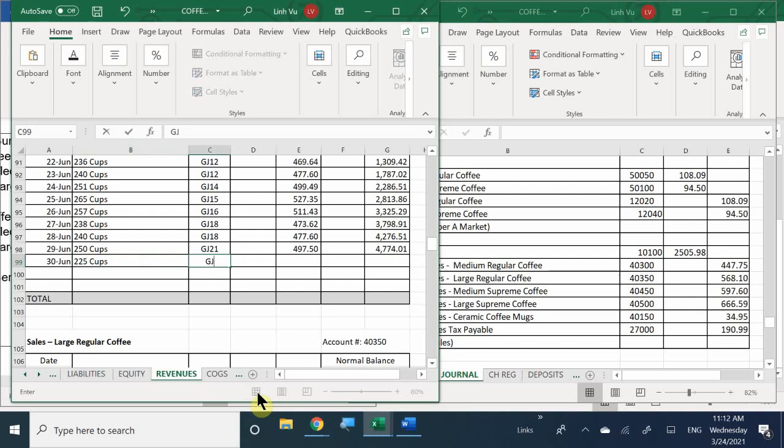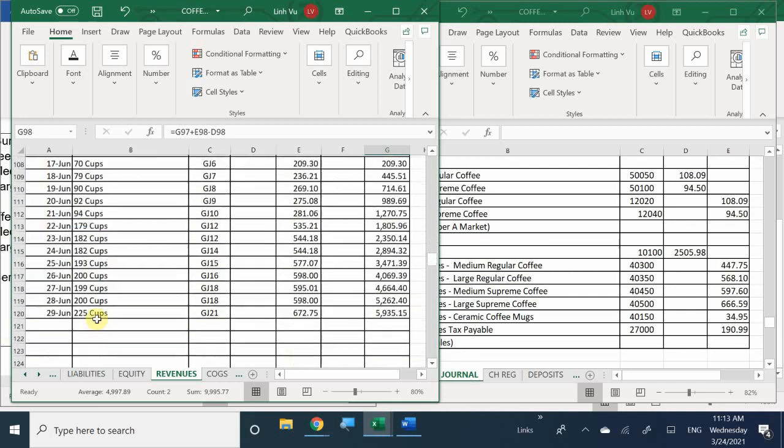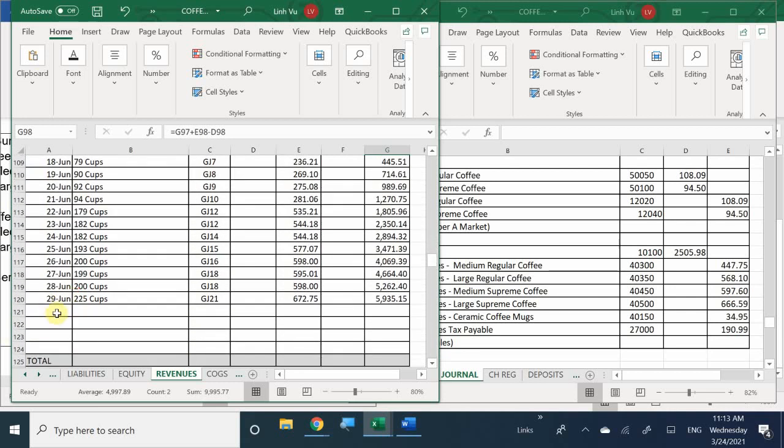All right, General Journal number 21 for a total of 447.75. So what is my new account balance here? 522.170. Perfect.